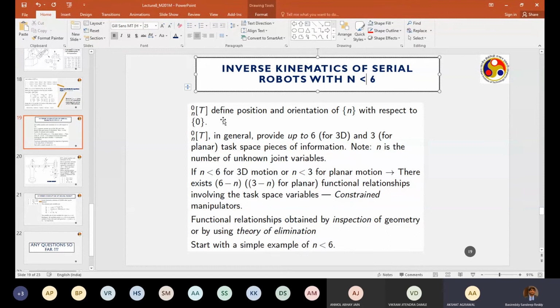An example of this is when we considered the planar manipulator. When I was discussing the planar case, could you remember what was the difference between the 2R planar and the 3R planar?